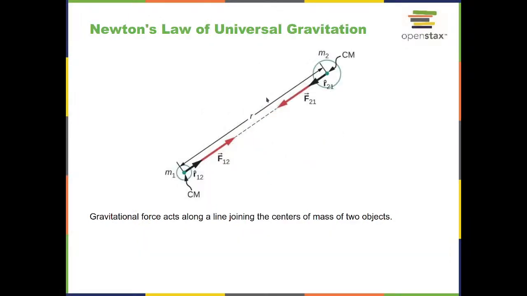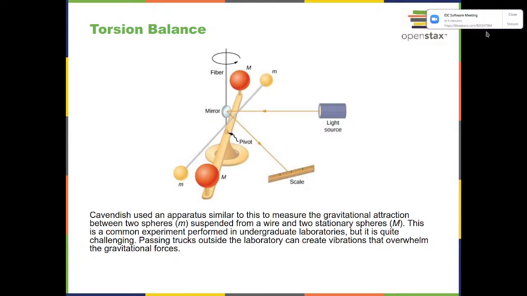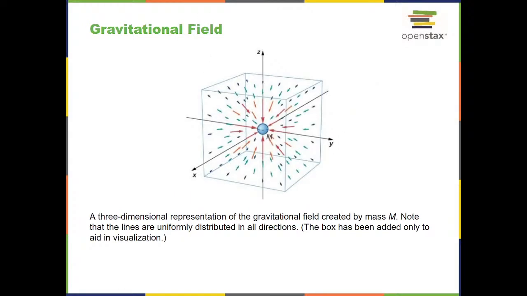So if you think of mass 2, which is drawn larger here, as being the larger mass, then the force on M1 is always going to point back to the center of M2. No matter where you are, the force is pointing towards the center of mass M2. This is what we call a central force, not surprisingly, because it's pointing back to the center.